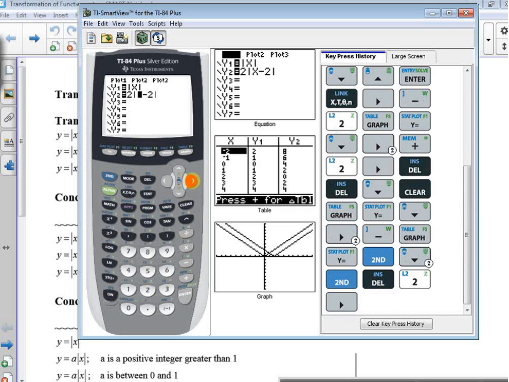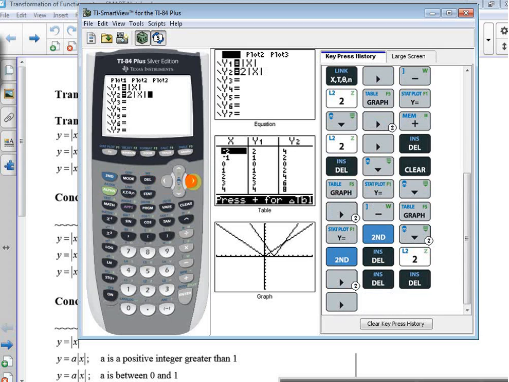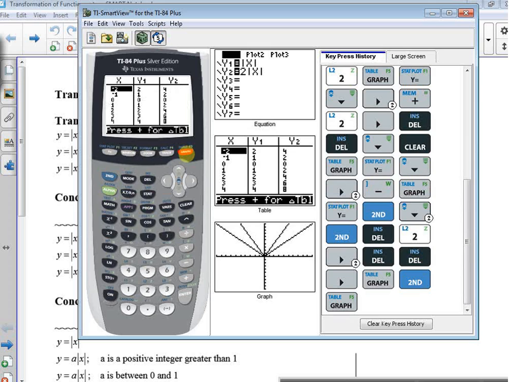I'm going to go inside the absolute value and I'm going to delete the minus 2. So when we graph that one, it gets skinnier. It's called a vertical stretch. If you look at the table, you take the y-coordinates and they all get multiplied by 2. Hopefully you can see that. The x-coordinates are the same.